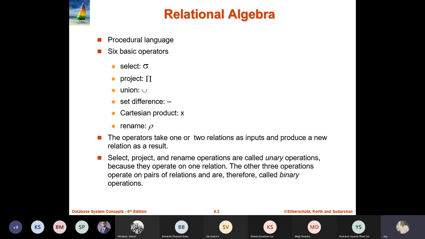There are other operations which are either derived from these or are extensions of them. The operations take one or more relations, or tables, as input and produce another relation. Select, project, and rename are called unary operations because they operate on one relation, whereas the other three are binary operations; they work on two relations.